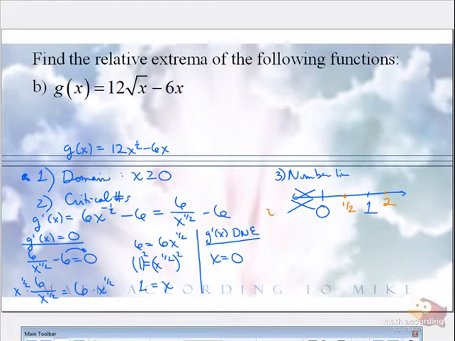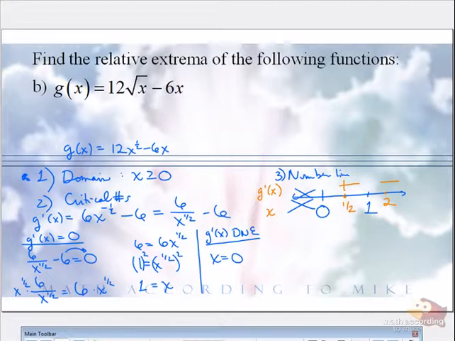Into the derivative. You're just looking for signs. Positive, negative. At x equals 0, there's nothing to the left of 0. But to the right of it, the graph is increasing. And notice 0 is in the domain because x is greater than or equal to 0. So at x equals 0, it increases to the right of it.